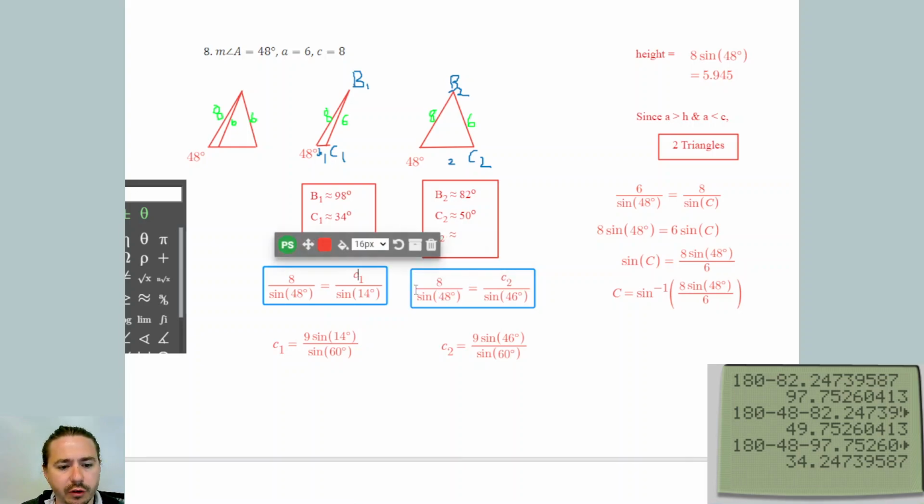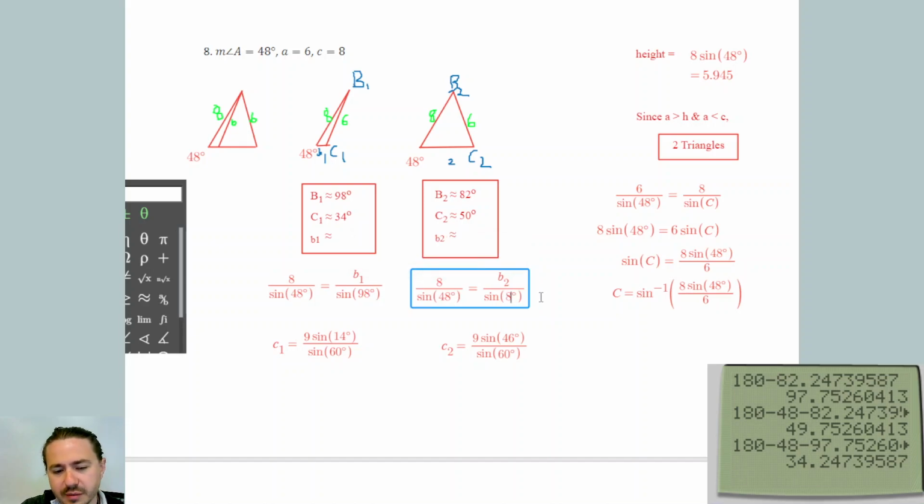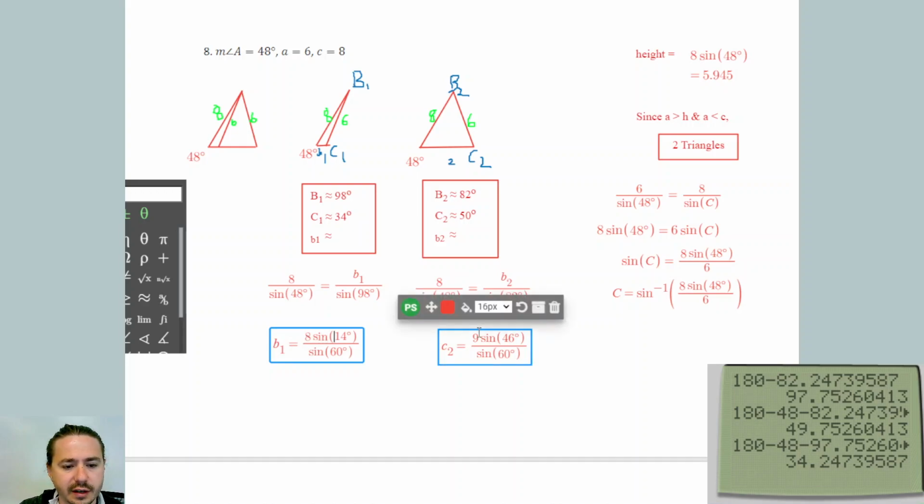And then we're looking for not C1, but B1. In this case, the B angle measures 98 degrees, and over here, it's 82 degrees, approximately. So B1 is going to equal 8 times the sine of 98 divided by the sine of 48. And then B2 is going to be 8 times the sine of 82 divided by the sine of 48.